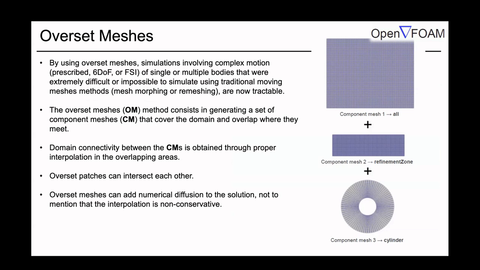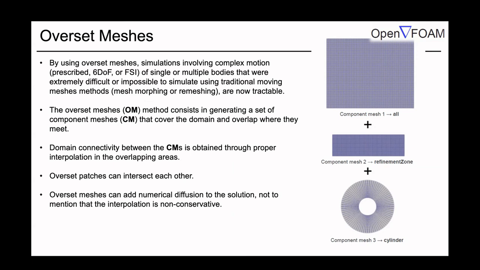Okay, so they are all disconnected meshes, and you can do both prescribed as well as 6 degree of freedom or FSI cases with this method also. Now, the important aspect is how do we transfer the results from one component mesh to another component mesh? It's entirely dependent on the interpolation method that we use.